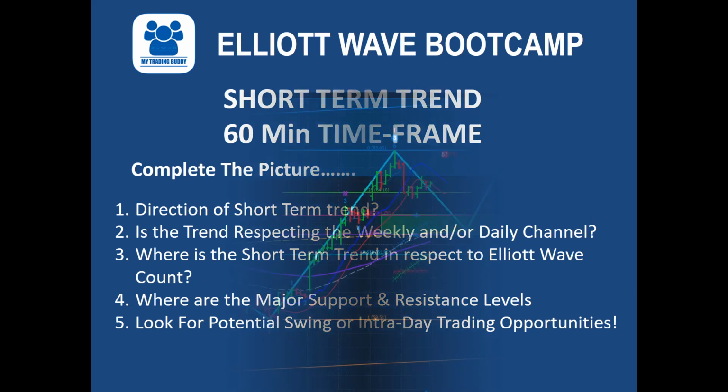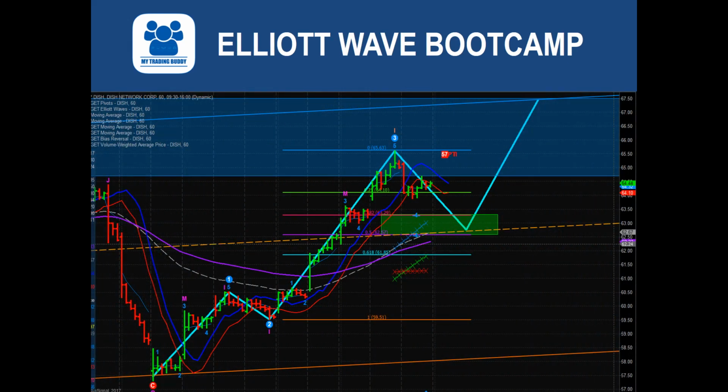So again, using the same Dish, at that same time, I just worked my way down the time frames. You can see now this is the weekly channel. This is the 60-minute time frame, so every bar is an hour. You can see now we've had the 1, the 2, the 3, and we're on a wave 4 pullback on intraday.